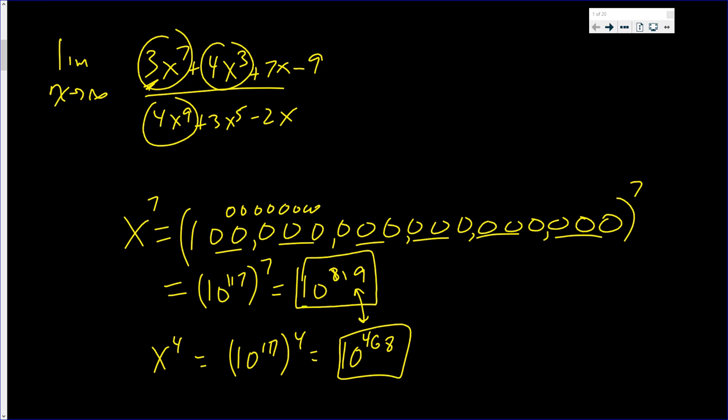This number is so much bigger than that number. And again, if you say no it isn't, well, I'll make x even bigger. Maybe it'll have 417.